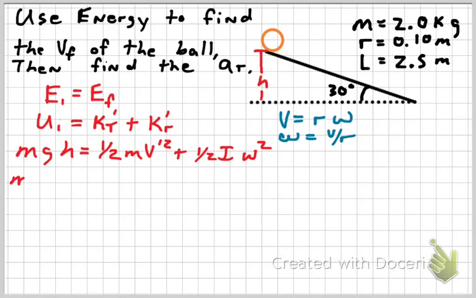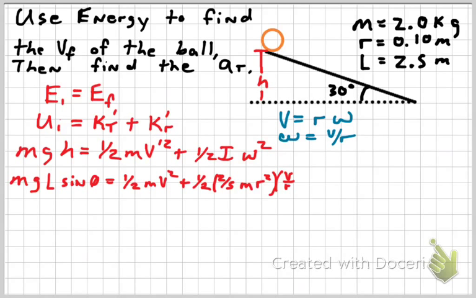And omega is just v over R, so we get mgl sine theta equals 1/2 mv squared plus 1/2 times 2/5 m r squared times velocity over r, and that whole quantity squared.